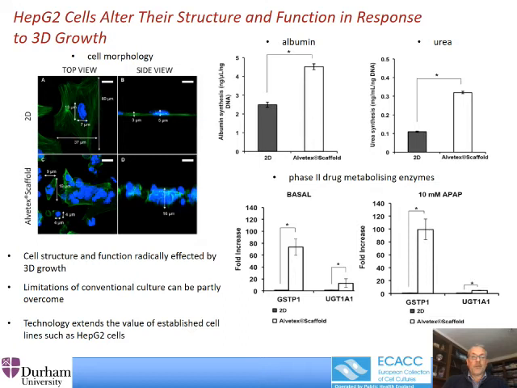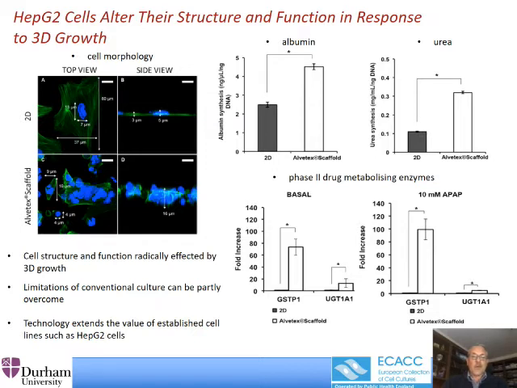And also in the simple system, we see an enhancement in function of these cells, whereby the hepatocytes, these are HepG2 cell lines, are producing high levels of albumin and urea in 3D compared to 2D, and all these data of course are normalized to take into account differences in cell numbers.